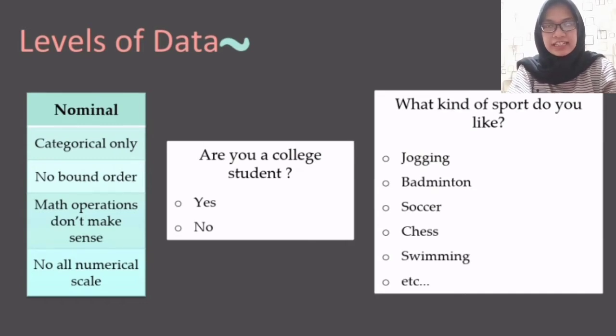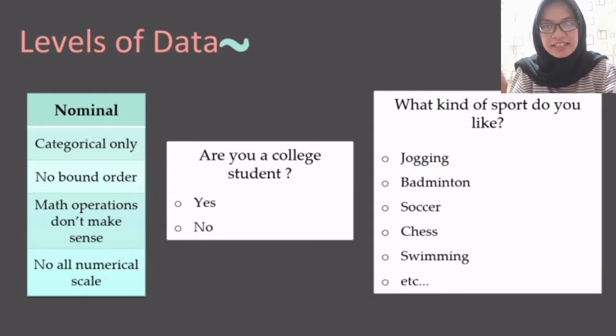Categorical only means it has one category, one characteristic, and then no bound order, and we cannot do math operations on it, and it is not a numerical scale.